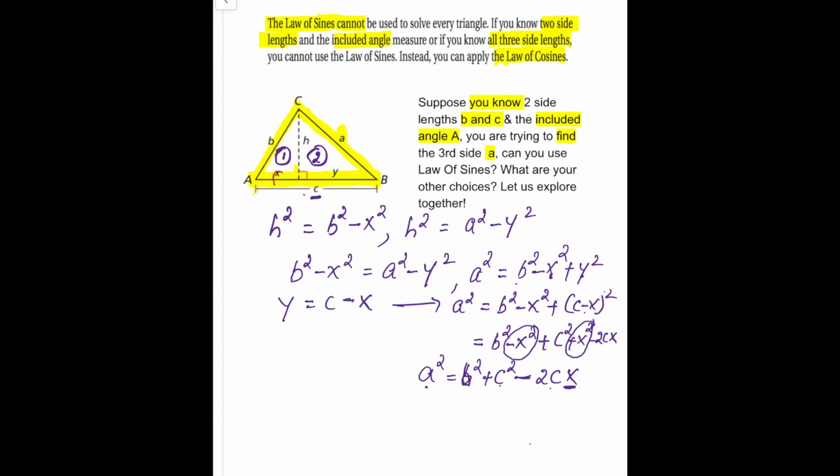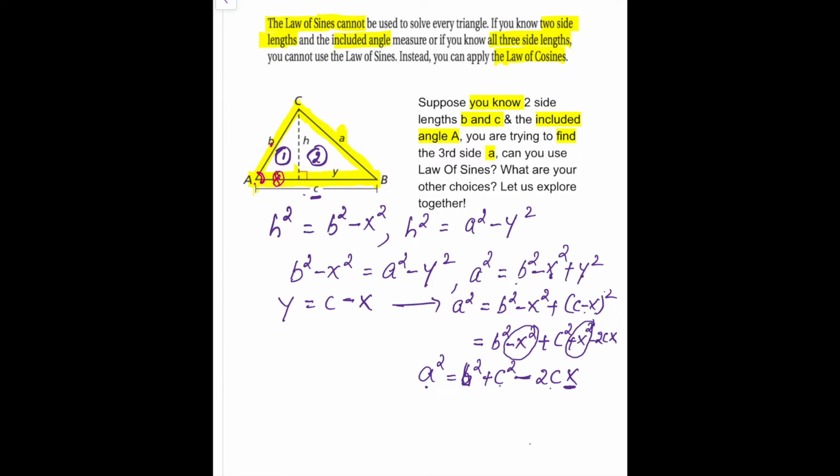I need x, and I know b and angle A. So how do I connect x, b and angle A? If I look at angle A, x is the adjacent side and b is the hypotenuse.